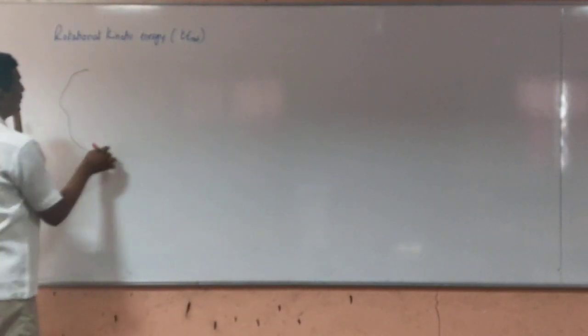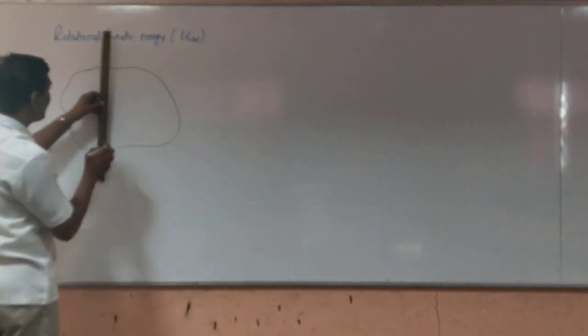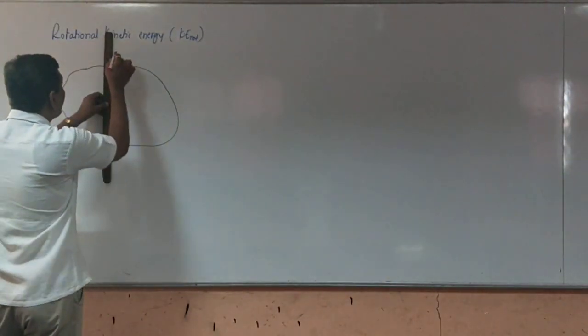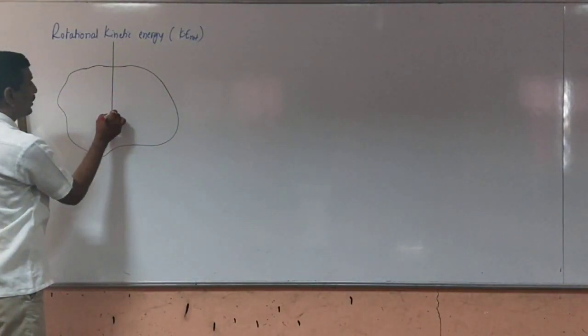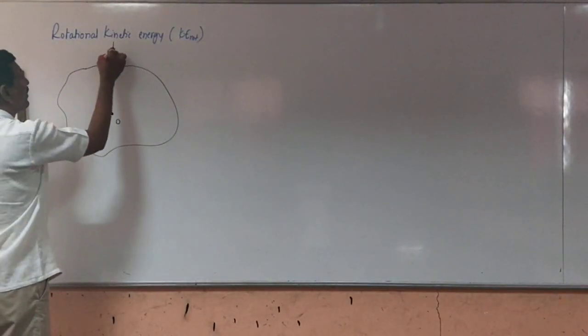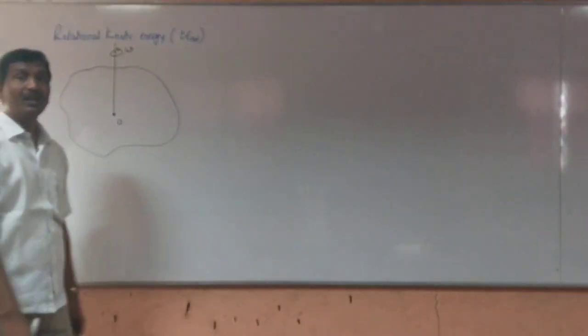Consider a rigid body of any shape. This rigid body is rotated about an axis passing through any point, say O, and perpendicular to the plane of the body.